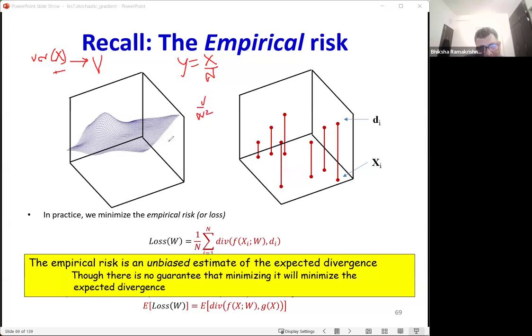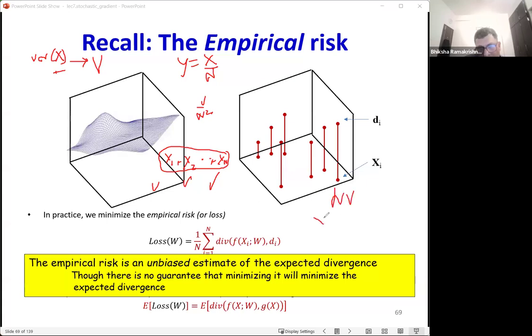Now, suppose I take independent random variables x1, x2, x3 to xn, and each of them has a variance exactly equal to v. What is the variance of the sum of these independent random variables? Anybody? That's going to be n times v, right?